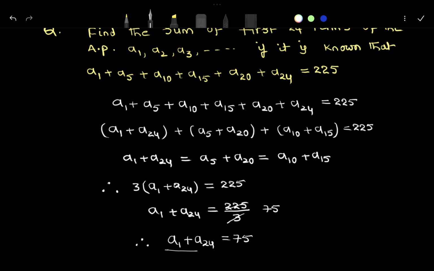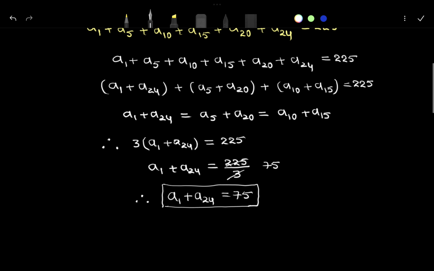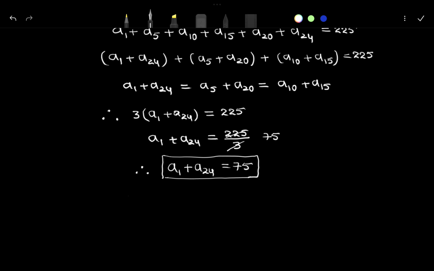Next, one more fundamental you have to recall: the sum of the n terms formula. The sum of n terms is equal to n by 2 into the first term plus the last term, that is, a1 plus an. Now in this problem you want the sum of 24 terms.